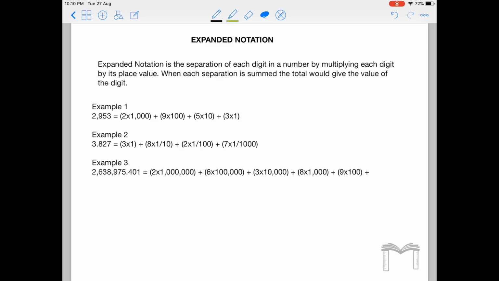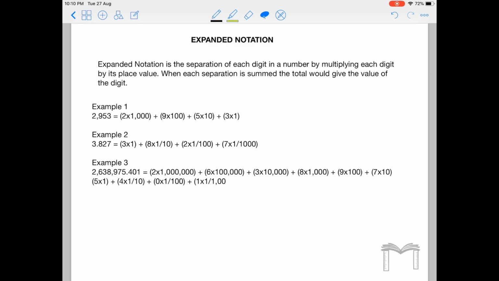The 9 is in the hundreds position, so that's 9 times 100. The 7 is in the tens place, so that's 7 times 10. The 5 is in the one position, or ones position, so that's 5 times 1. The 4 is in a tenths position, so that's 4 times 1/10.